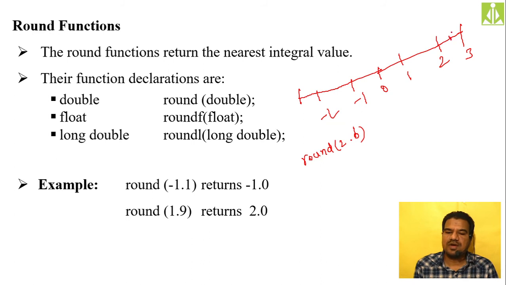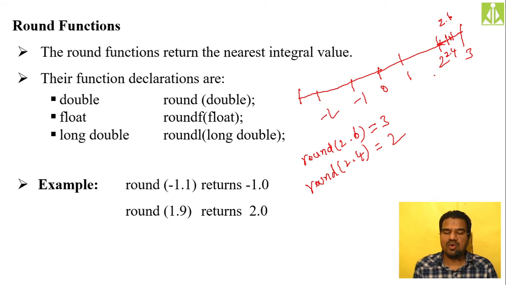This is 2.5, so somewhere here your 2.6 will come. Which one is nearer, 2 or 3? Obviously 3 is nearer to 2.6, so this value will become 3. Similarly, if I say 2.4, it will come here. The nearest value is 2, not 3. So you will get 2.